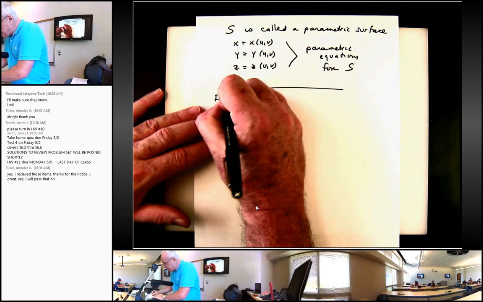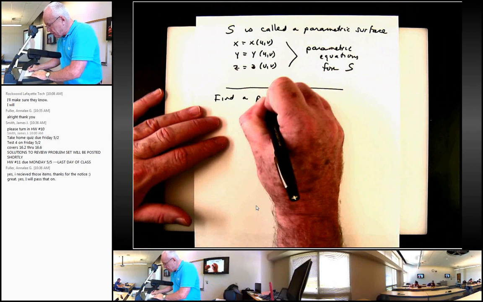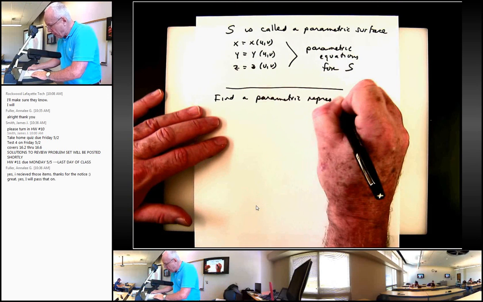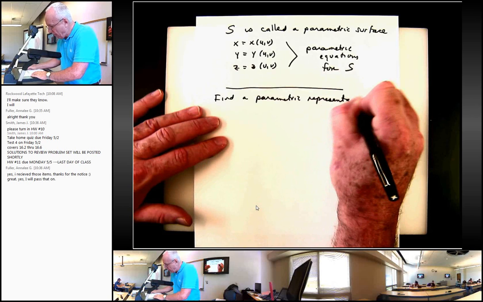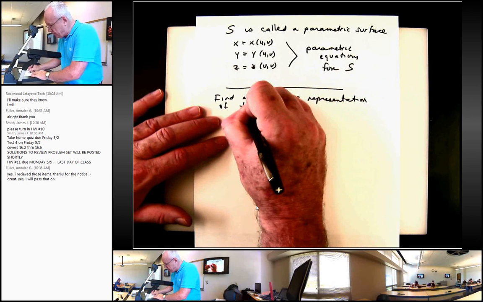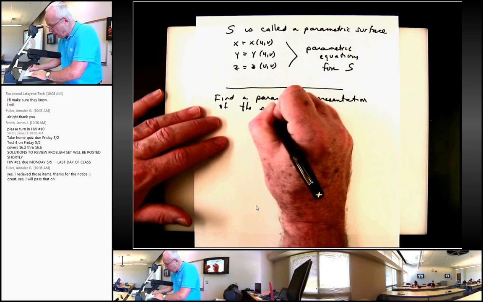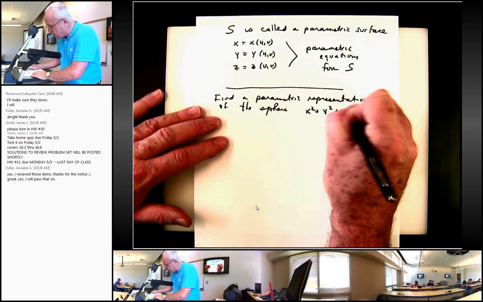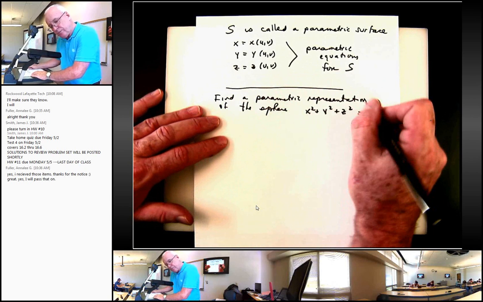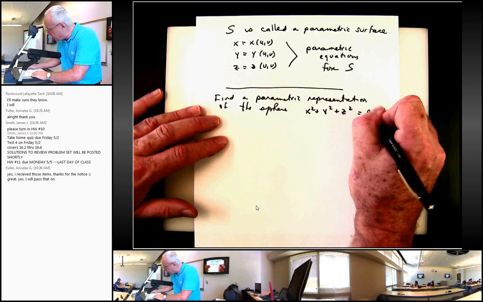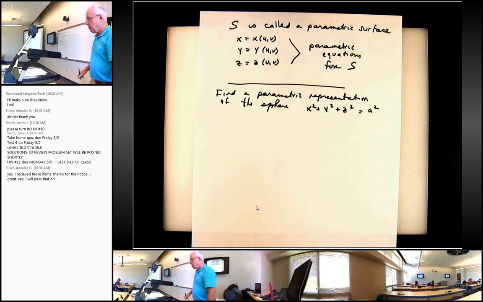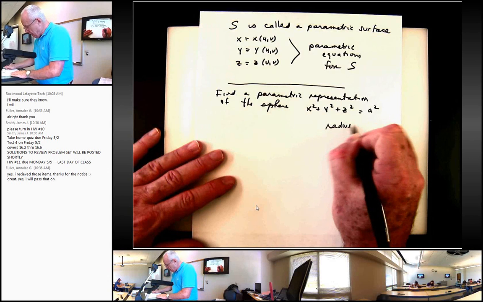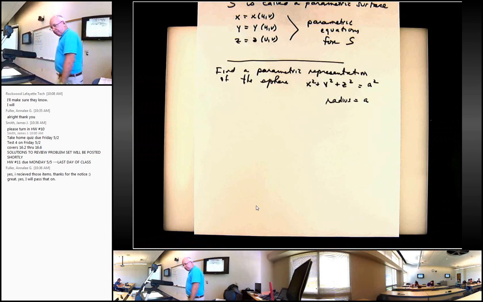So we're asked to find a parametric representation of the sphere x squared plus y squared plus z squared equals a squared. Okay. So we know that the radius is equal to the number a.